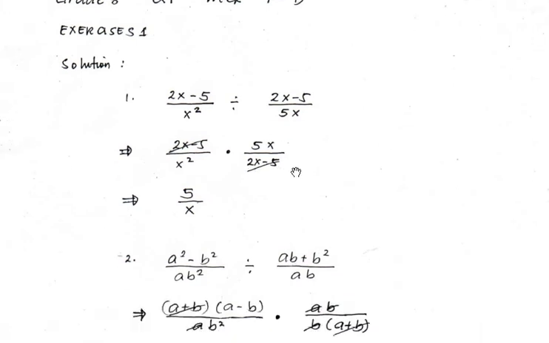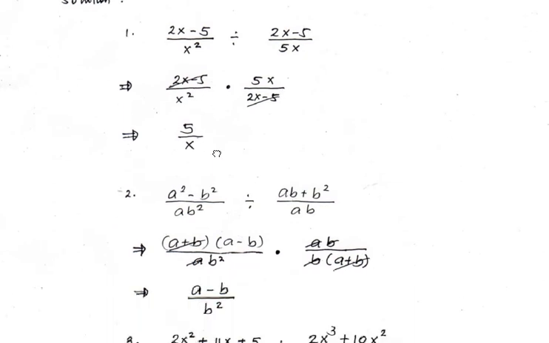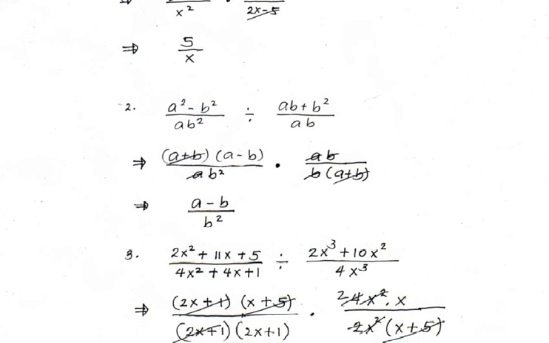Doing this will give us 5 over x. Why? We have to cancel out 2x minus 5 divided by 2x minus 5. That becomes 1. And we have here x in the numerator and x squared in the denominator. So we have to cancel 1x here. So that means the final answer is 5 over x.